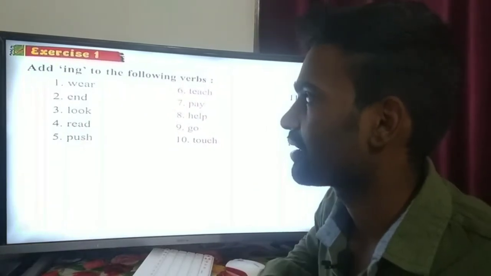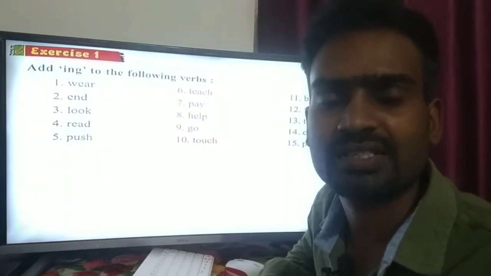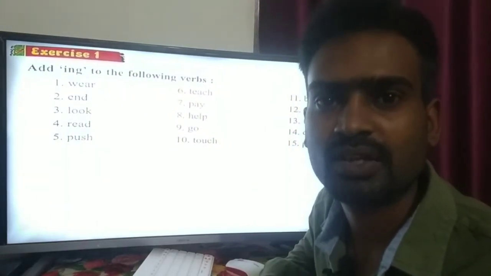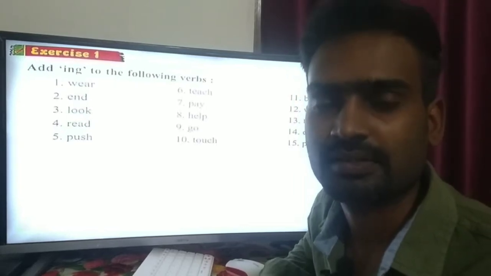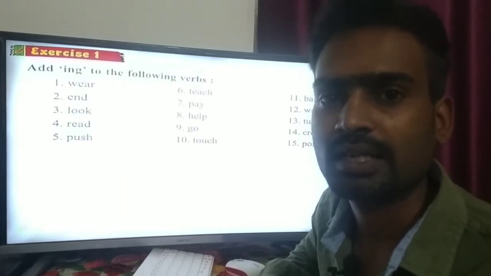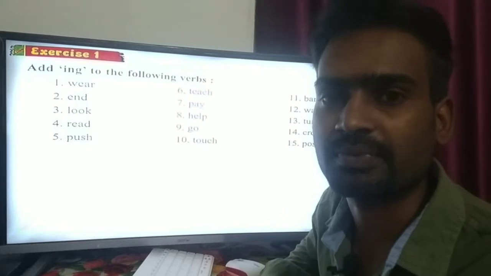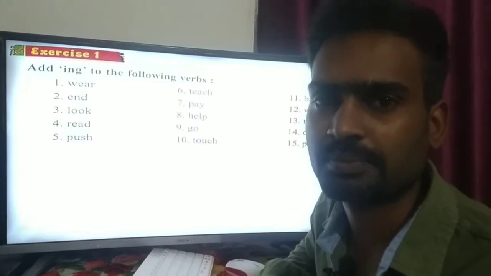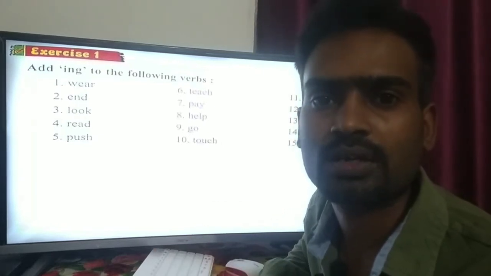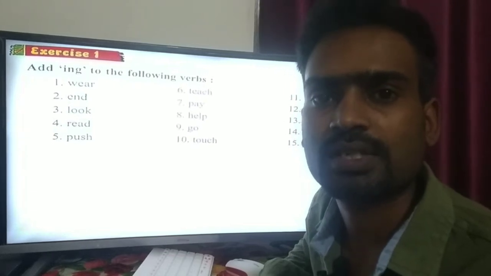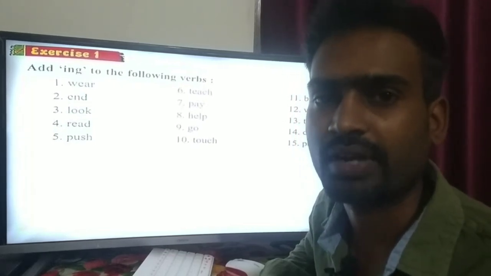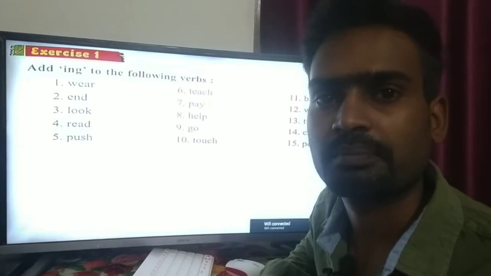In verbs we have different types. So today we are going to learn a very simple step. Since all are in third standard, we are going to learn the simple step, right? We know already the meaning of verbs.